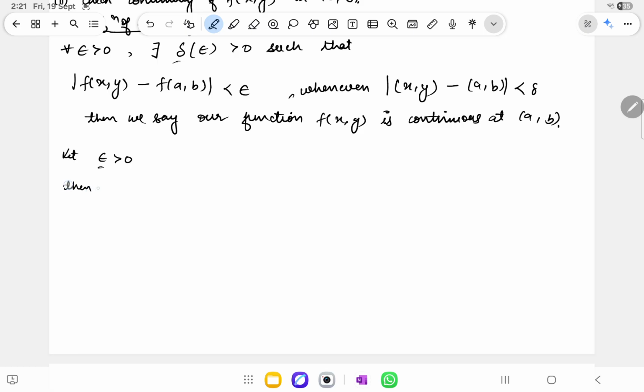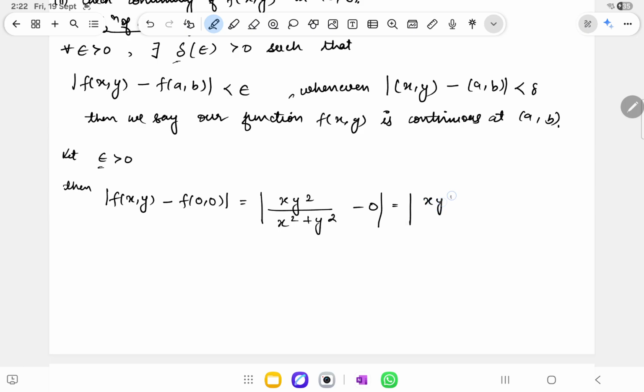Then mod of f(x,y) minus f(0,0) will be equal to mod of xy square divided by x square plus y square minus 0, which is mod of xy square divided by x square plus y square.